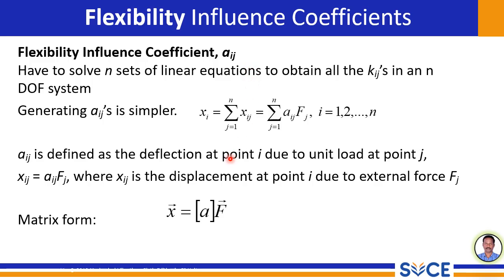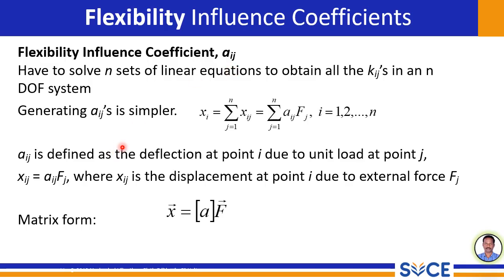As mentioned on the slide, obtaining all the stiffness influence coefficients in an n degree of freedom system requires solving n sets of linear equations. However, generating the flexibility influence coefficients, Aij, is often simpler.